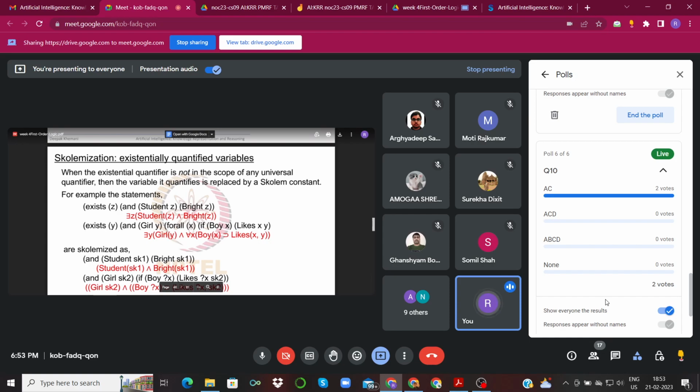For example, if we had something like exists z, student(z) and bright(z), there exists z such that student z and bright z. We can Skolemize this as follows.